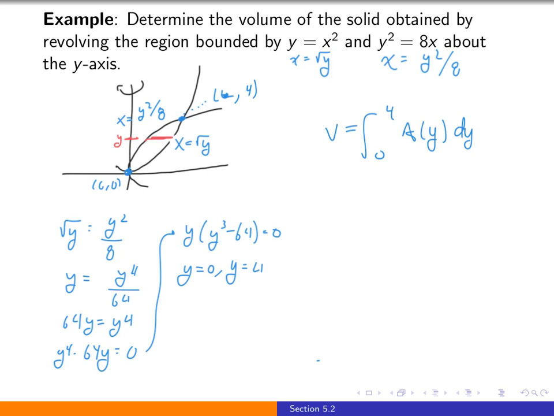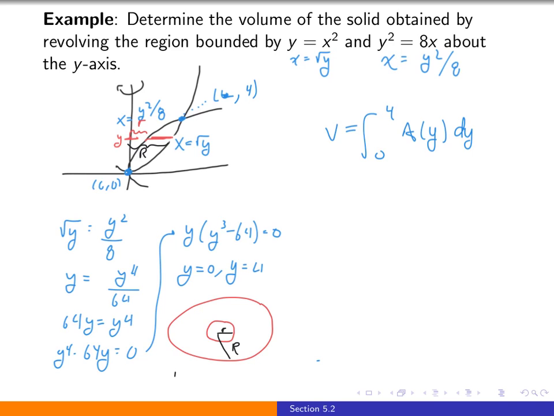If we consider the graphical representation of what that looks like, it's once again going to be one of these washers. It has a small radius, call it little r, and a bigger radius, call it big R. Looking at our picture, the smaller radius is the distance to the first curve, and the larger radius is the distance to the larger curve.